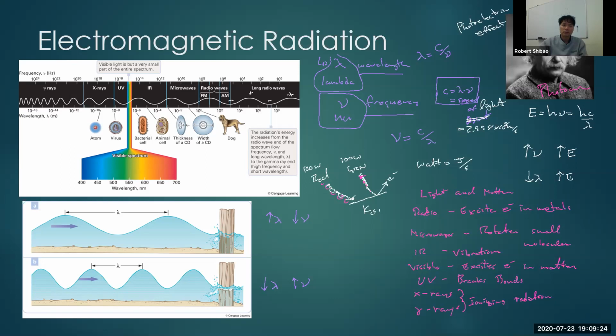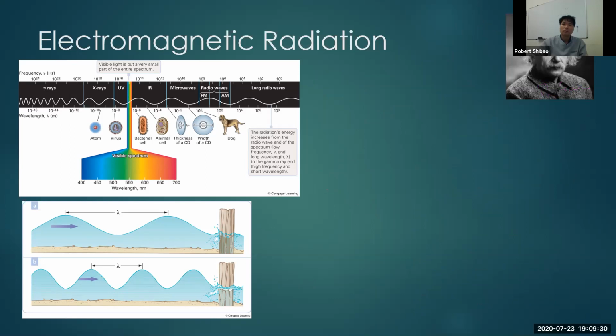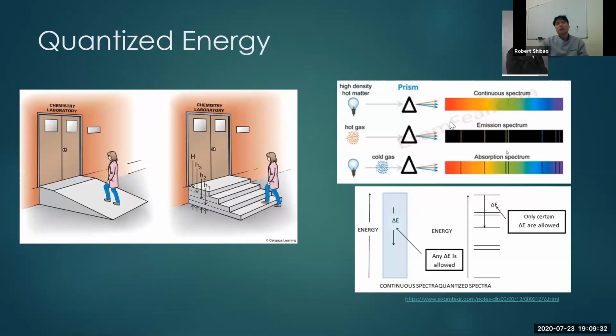Okay, let's move on. The hypothesis of why we don't get a continuous spectrum, when we should, is why we get this. This is called a line spectrum, and this is a continuous spectrum.